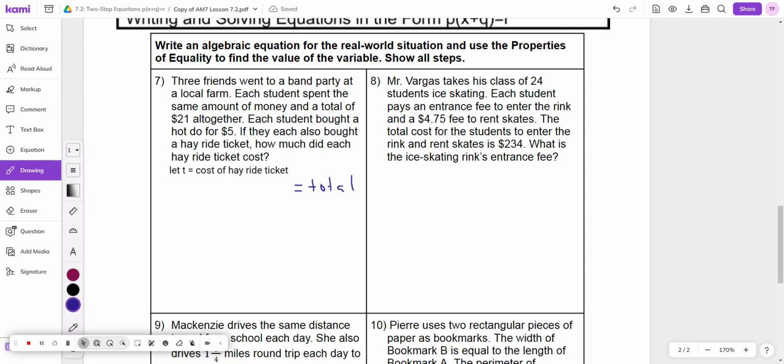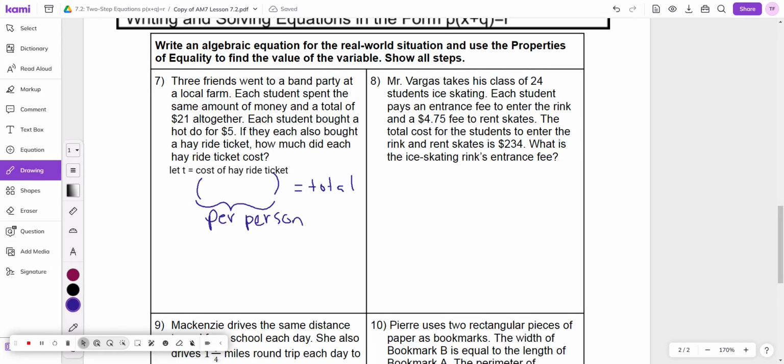All right, so looking at what we've got, 3 friends are going, and we need to take into account how much each of them has spent. So I'm going to have parentheses. Inside of the parentheses is what each person is responsible for, or each person pays. So this is per person, what they pay.